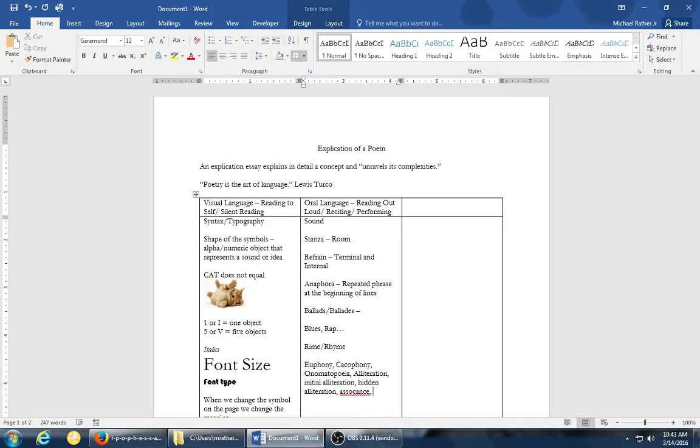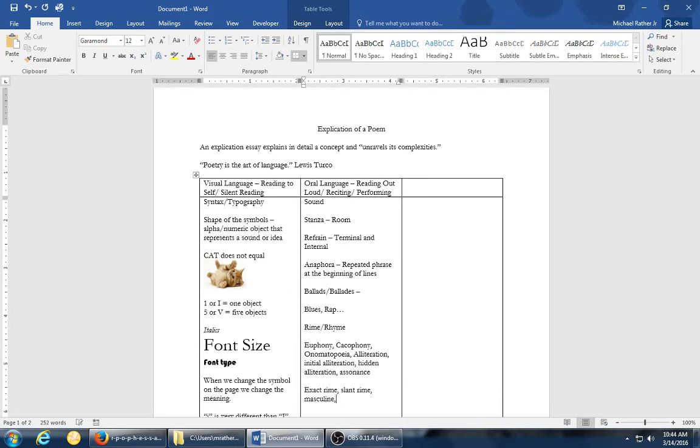So you have the types of rhyme as well. Let's correct that spelling. So these are different sounds, but then we have our types of rhyme. Our types of rhyme include things like exact rhyme, slant rhyme, masculine rhyme, feminine rhyme, consonants.